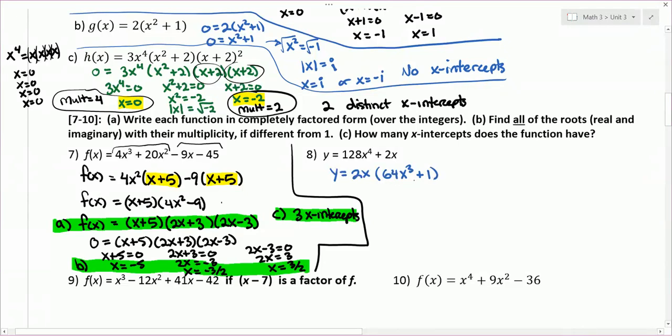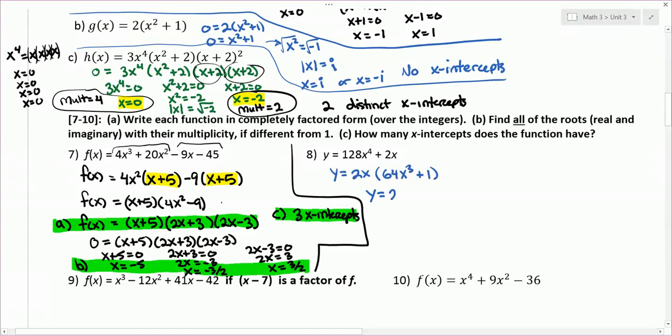Notice we have a sum of two perfect cubes. 64 is 4 to the third power, and 1 is 1 to the third power. When you have a sum or a difference of two perfect cubes, that will be factorable.